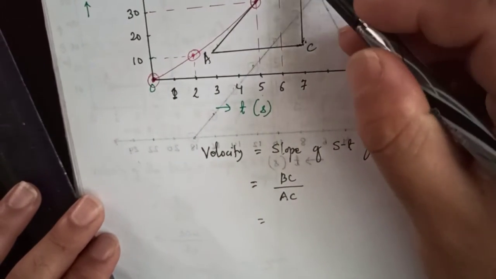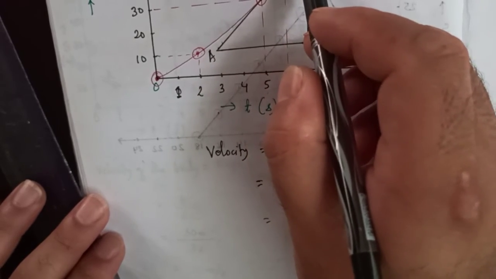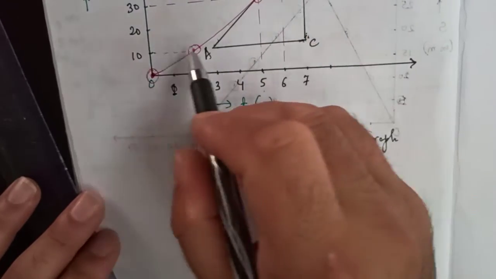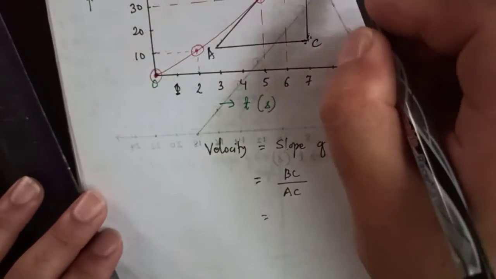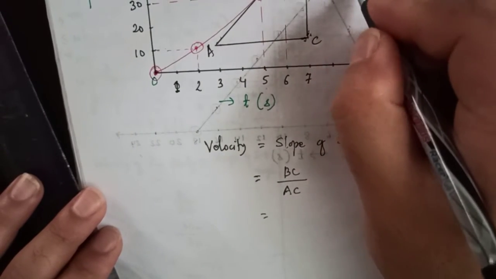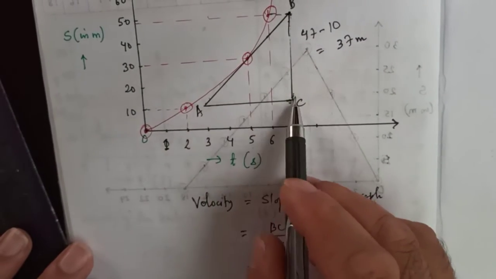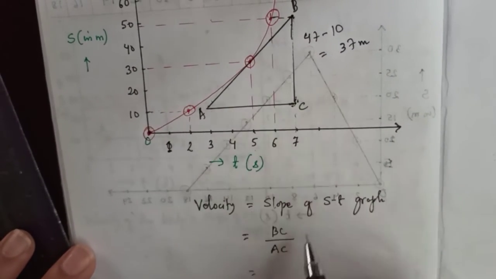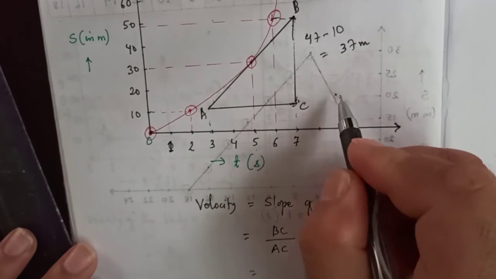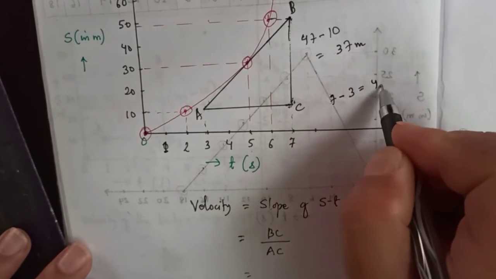The value of this BC, this is B, exactly here at this point, so it is 47, and this is here at 10, 47 minus 10, so that will give you 37 meter. And the value of this AC, this is here at 7 and this A is here at 3, so how much will you get? You'll get 7 minus 3, that is equal to 4 seconds.